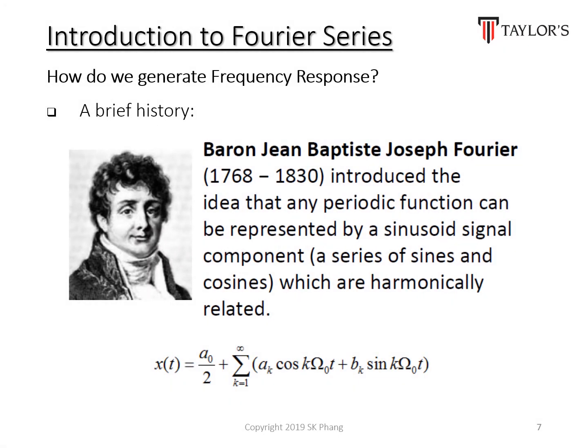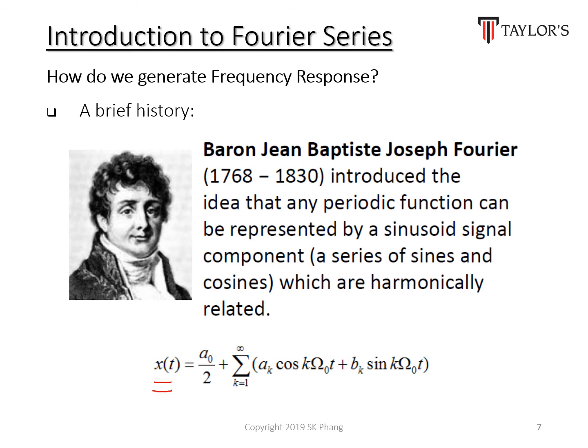Before we go into the applications of using frequency response, let us look at how we can generate the frequency response from any time domain signal. This is the time domain signal, and we want to generate spikes of multiple different frequencies for our frequency response.